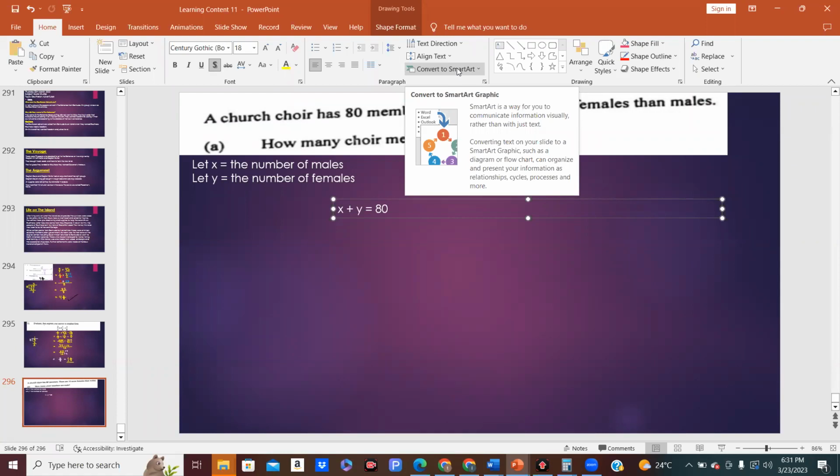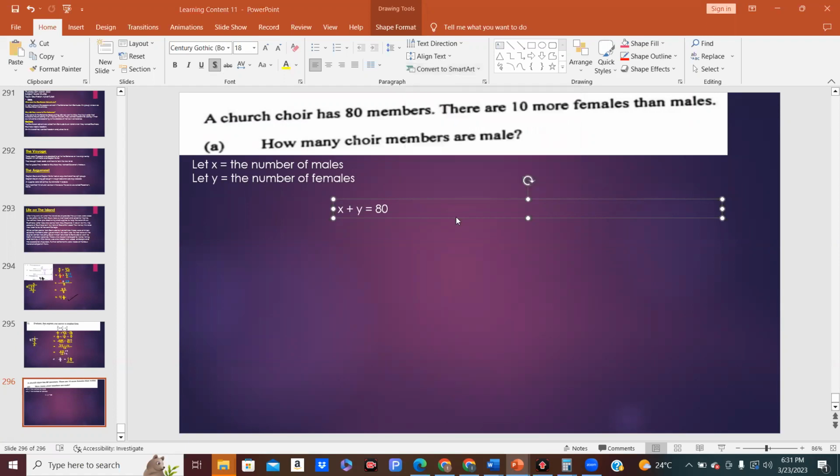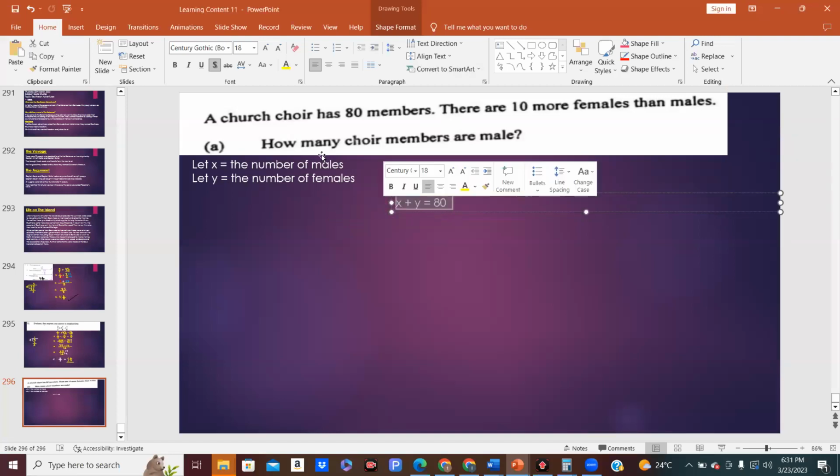So we know that X plus Y is equal to 80, because however many males there are and however many females there are, it's going to be equal to 80.